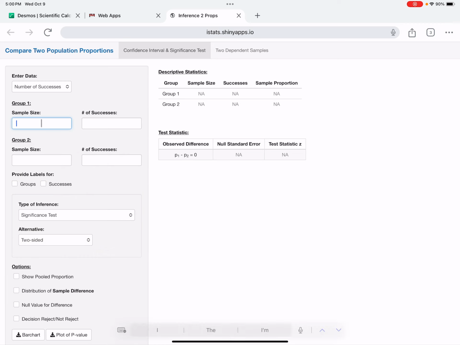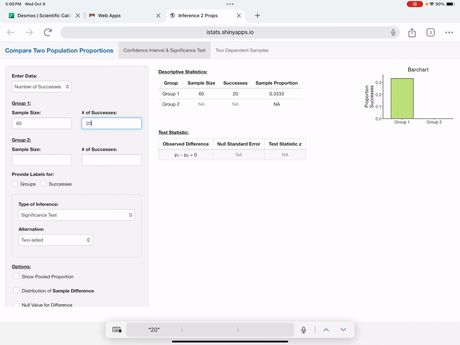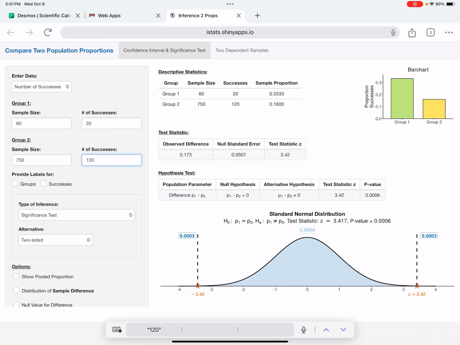But let's fill this stuff in. For group 1, our sample size was 60. There were 60 women, and 20 of them had miscarriages. In group 2, the sample size was 750, and there were 120 miscarriages in that group.